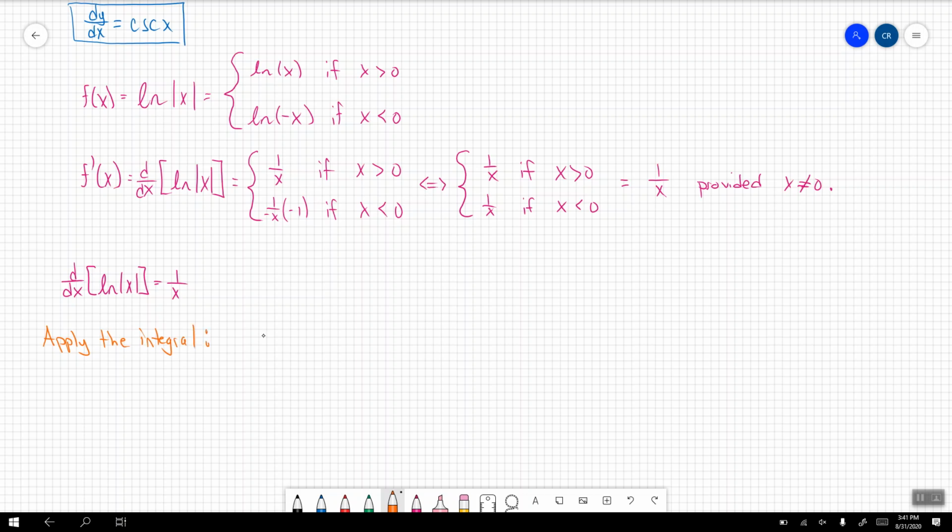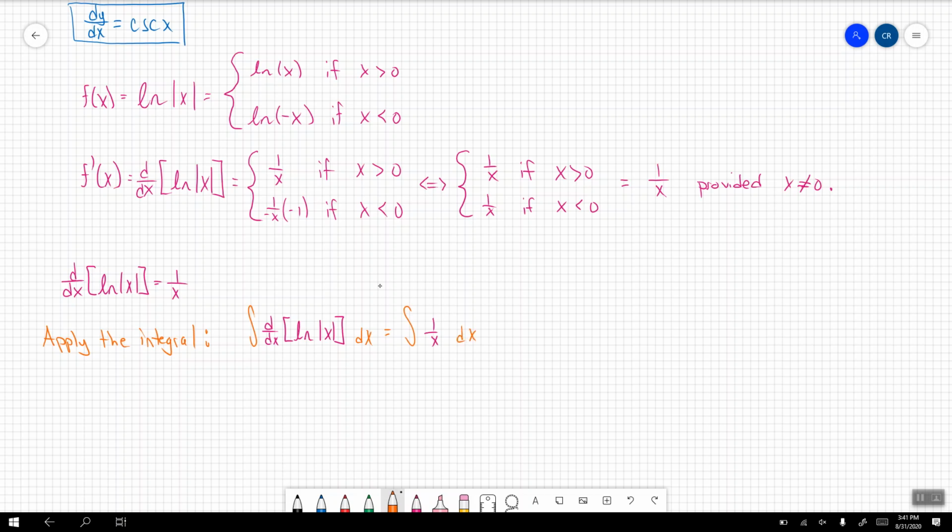so if we apply the integral, we now get that the integral of the derivative with respect to x of the natural log of the absolute value of x, all dx, is equal to the integral of 1 over x dx.